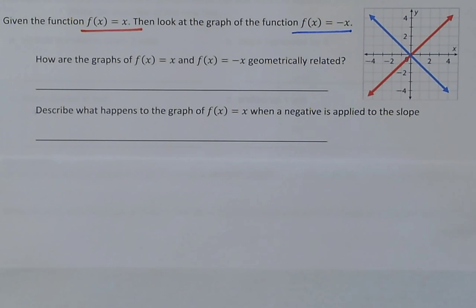How are the graphs of f of x equals x and negative x geometrically related? Well, they have the same steepness, they have the same shape, they are just reflected.